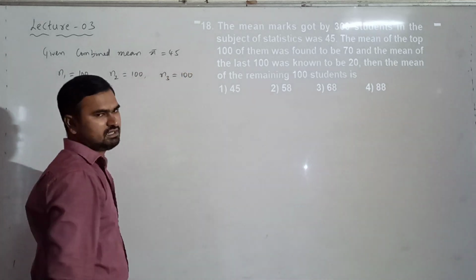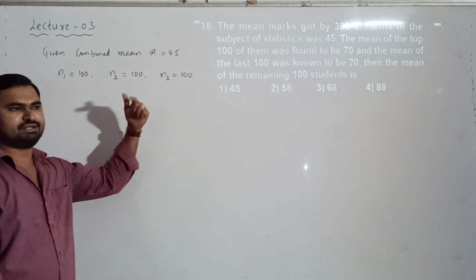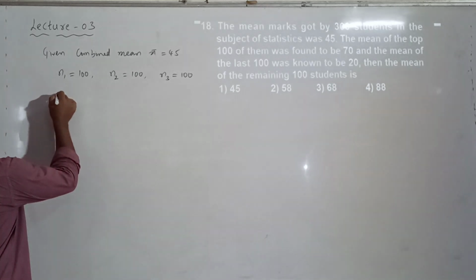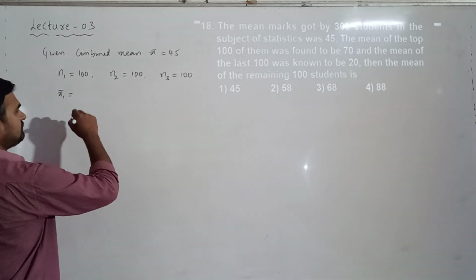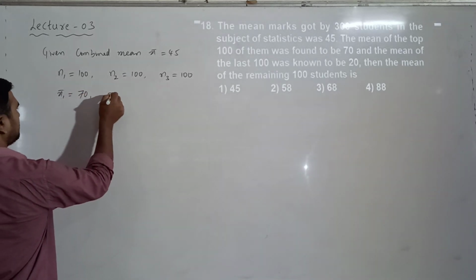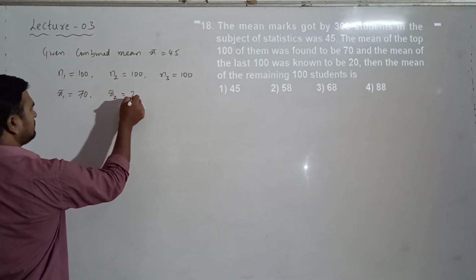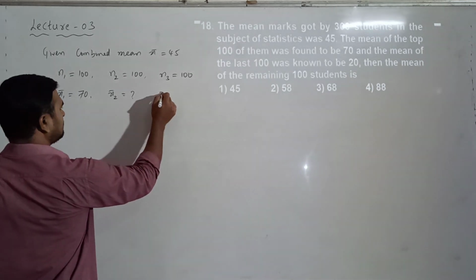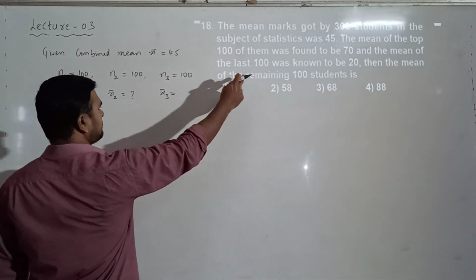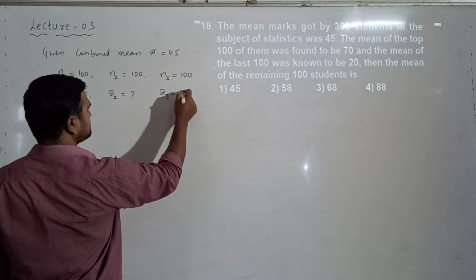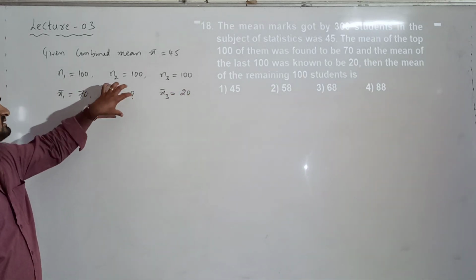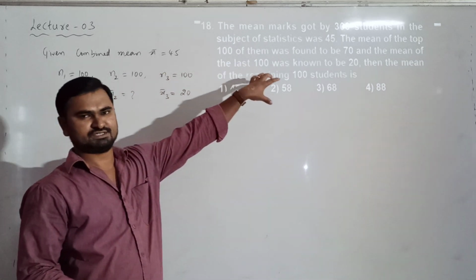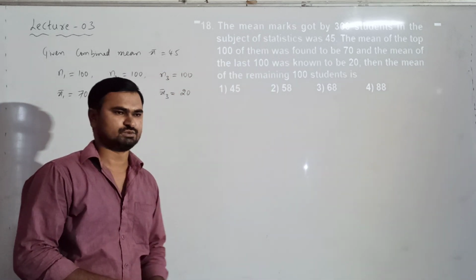N3 is the last 100 students. And their means: x1 bar, the mean of top 100 students, is 70. x2 bar, we don't know, we have to find that. x3 bar, the mean of last 100 students, is 20. Now we need to know the mean of the middle students, that is the remaining 100 students.